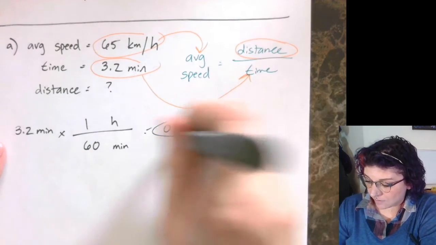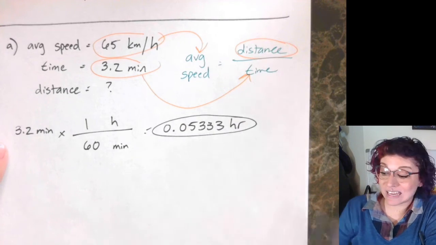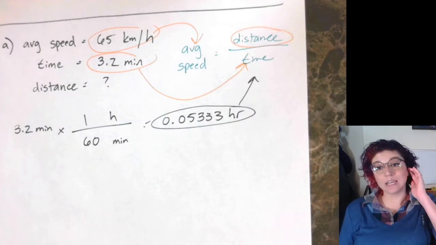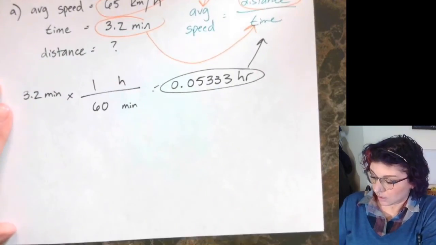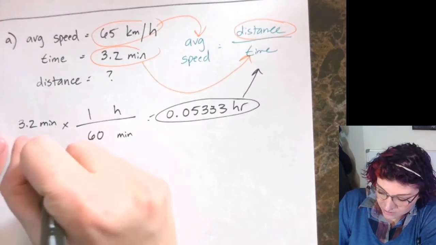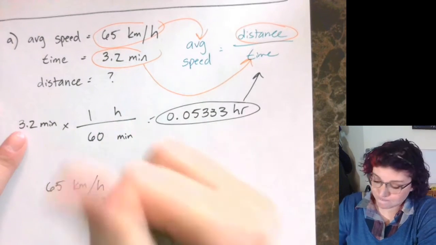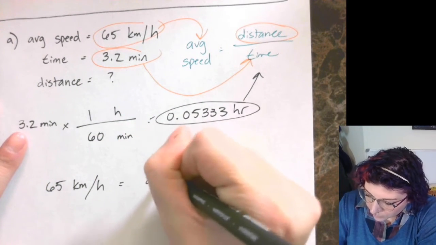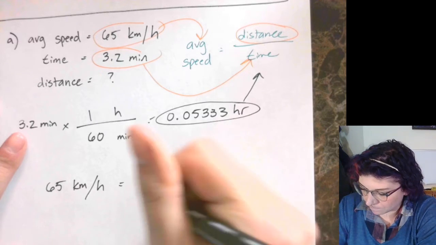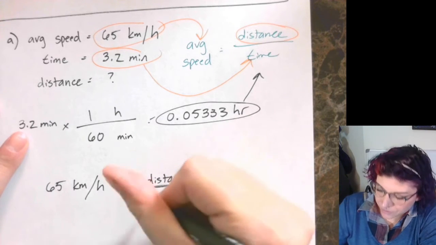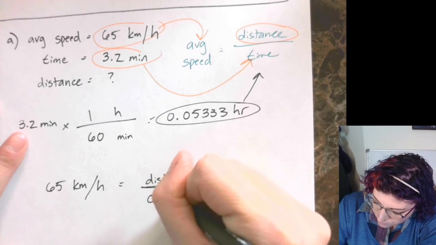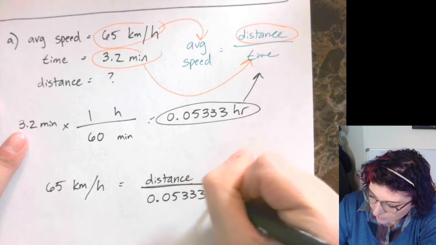So now we have our time in hours, and now we can swap this into our equation. So our average speed is 65 kilometers per hour. We are looking for the distance, and we know that our time is 0.05333 hours.